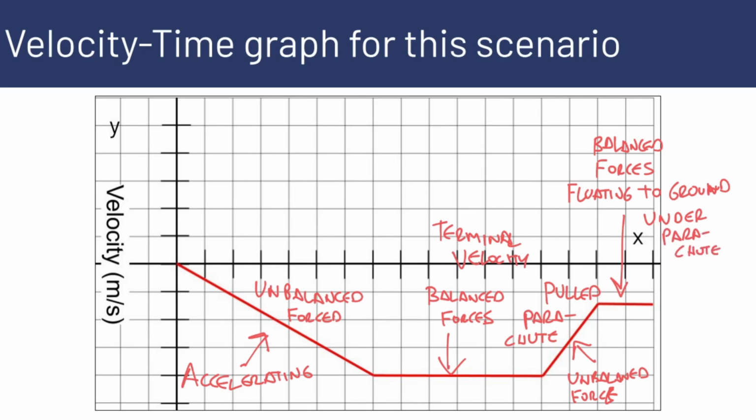So you can see the areas where they're accelerating, they have unbalanced forces. And the areas where they are moving at a constant speed, they have balanced forces. So with unbalanced forces, you're accelerating. With balanced forces, you're either moving at a constant speed or you're at rest.